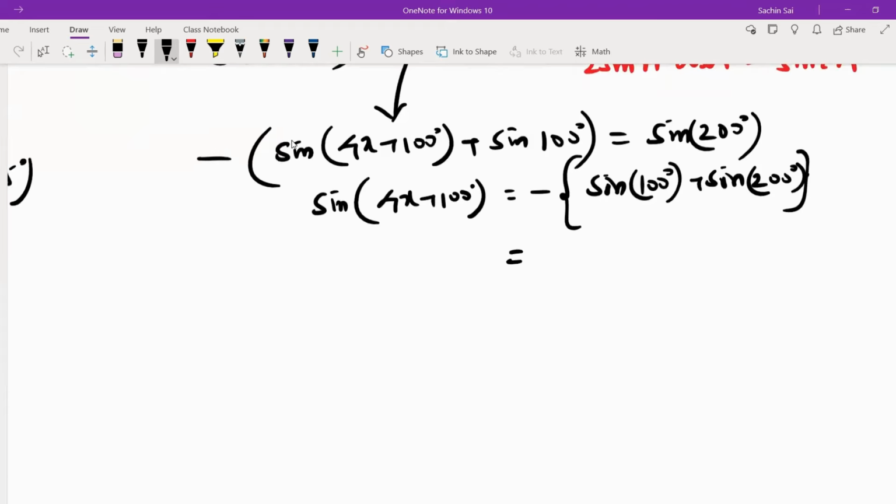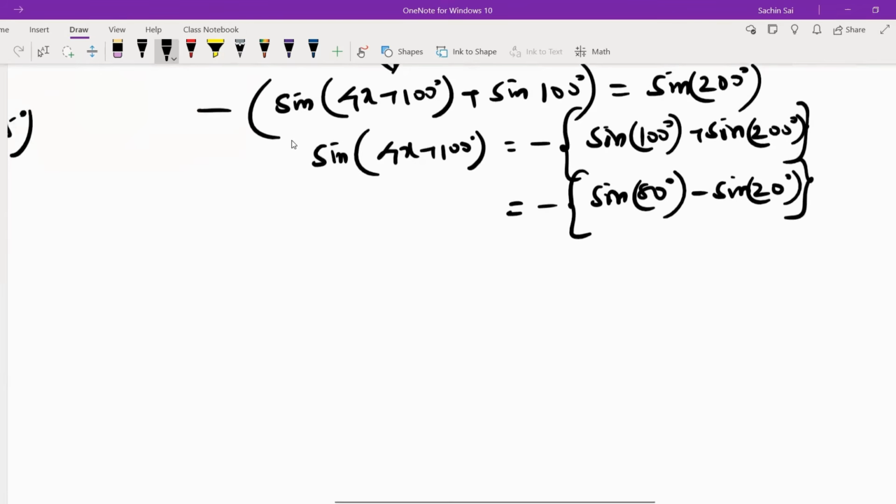Okay, so this right hand side, sine 100 degrees, I can write as sine 80 degrees, plus sine 200 degrees, I can write as minus sine 20 degrees, right? Because 100 is 180 minus 80 and 200 is 180 plus 20.